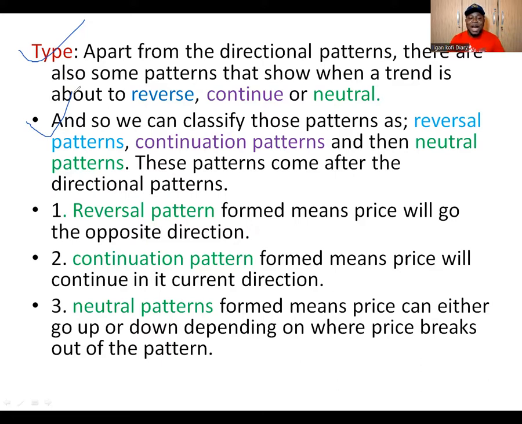And when we say we have a neutral pattern, it means the market has either made a bullish direction already or a bearish direction already before it is kind of relaxing, trying to relax its muscles to find its next movement. So these type patterns are just the continuation of the directional patterns. I pray that this makes sense. That is what the second point here is saying.